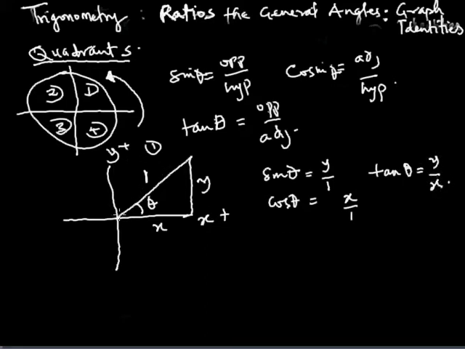When you get to the second quadrant and you do the same graph, you realize that this is minus x, and this is still positive y.